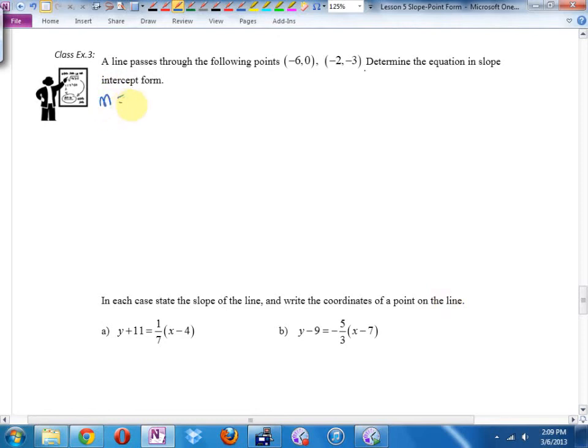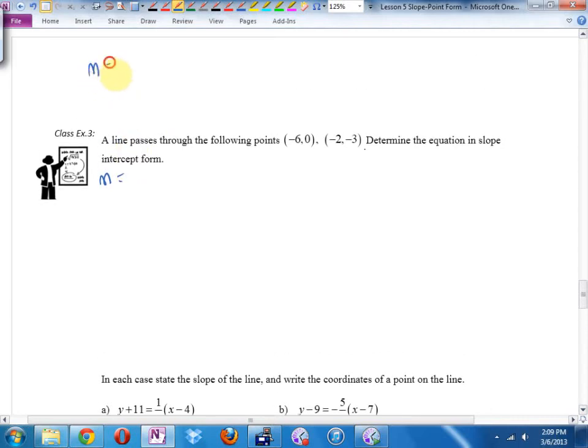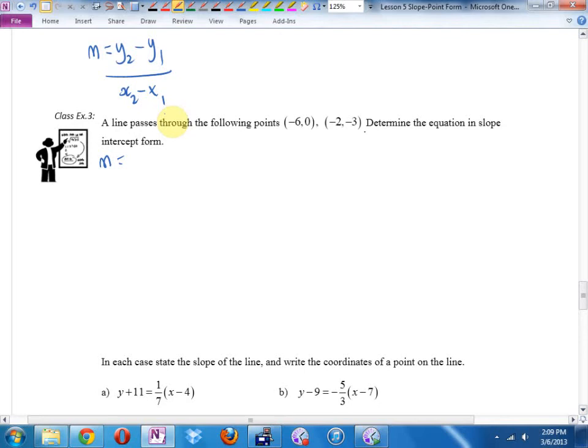How do I find the slope between 2 points? y2 minus y1 over x2 minus x1. y2, negative 3 minus y1, 0, all over x2, negative 2 minus x1, negative 6. I get a slope of negative 3 over negative 2 minus minus 6 is negative 2 plus 6 is positive 4.